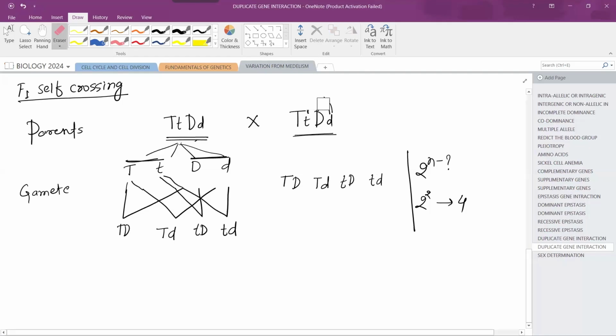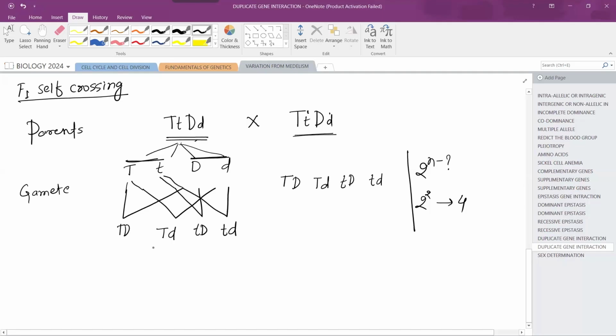So when you are going to prepare the possible combinations of gametes, first separate all the alleles, and after that you can make the possible combinations of gametic pairs. Understood or not? Yes. Okay.